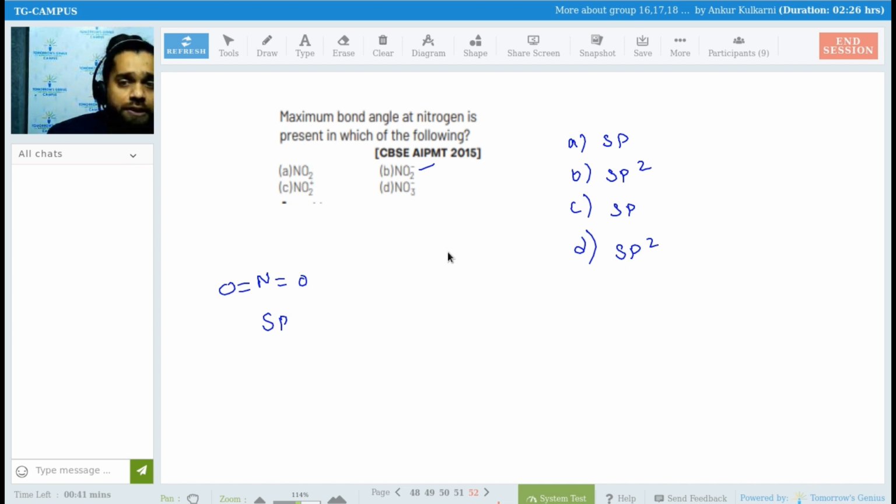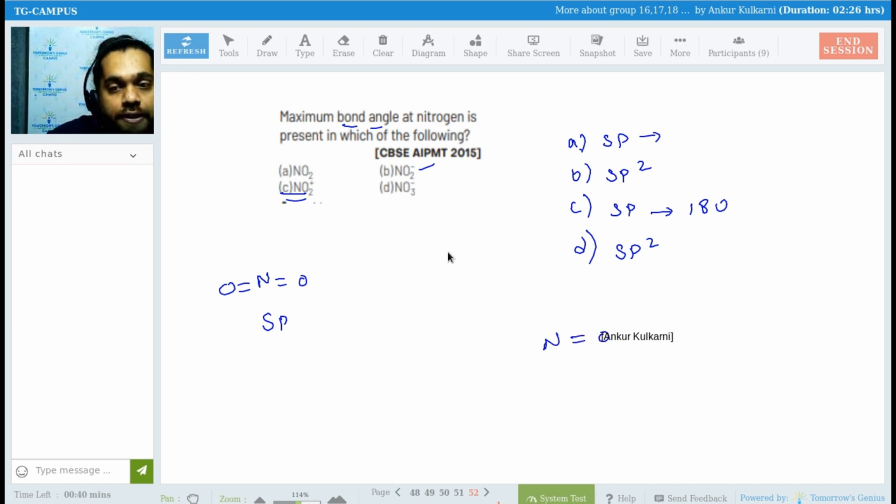This is sp, but it is not exactly linear. NO2, due to two oxygens over here, what happens? There is no charge. This exactly is not linear. What do we want? We want the maximum bond angle. So the bond angle for C is actually 180 degrees because it is sp. It is linear.